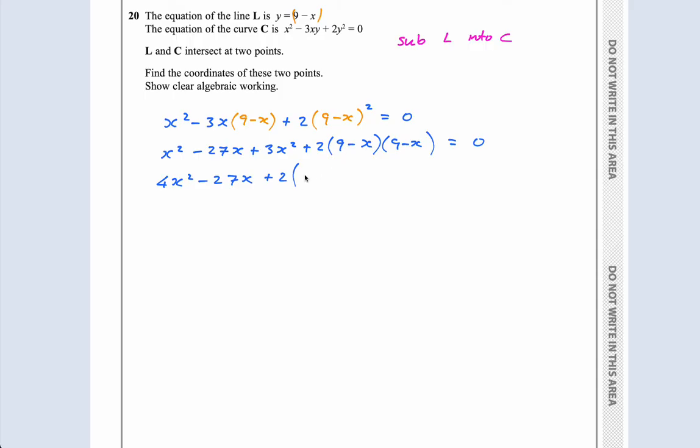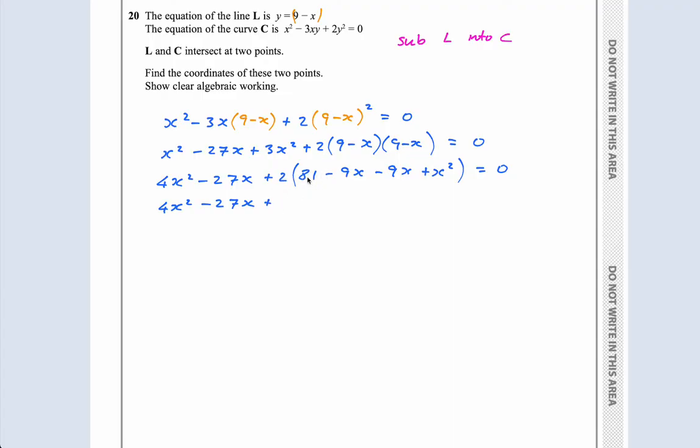So 9 times 9 is 81. 9 times minus x is minus 9x. Minus x times 9 is minus 9x. Minus x times minus x is plus x squared. This equals 0. Another line, minus 27x, multiply out the bracket by the 2.